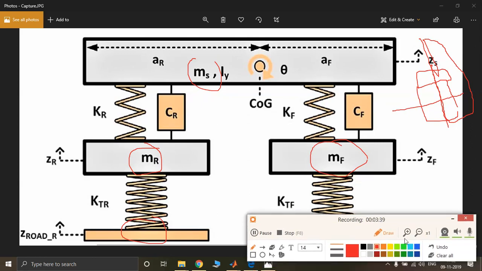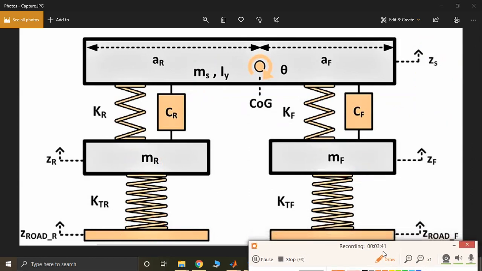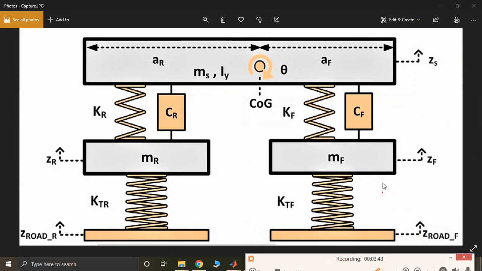So here the first degree of freedom will be front car bounce, the second will be rear car bounce, the third is the total body bounce, the whole body will bounce, and the fourth is going to be the pitch. Now how does pitch come into consideration?